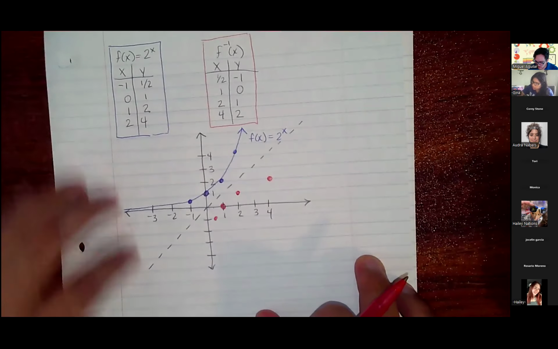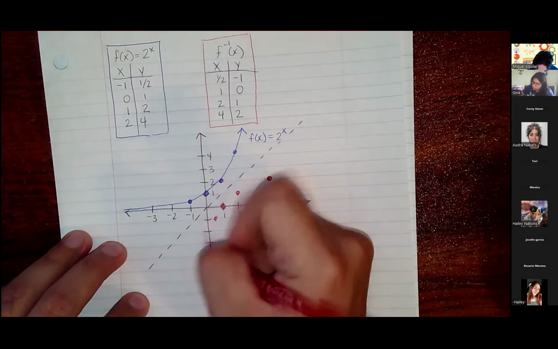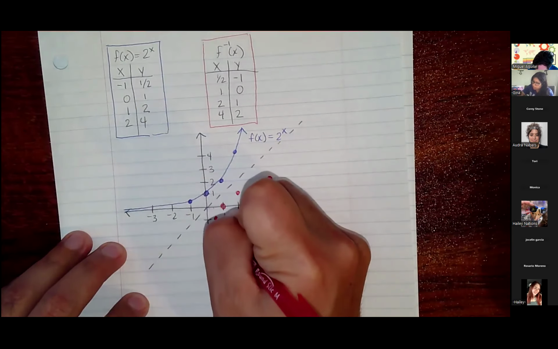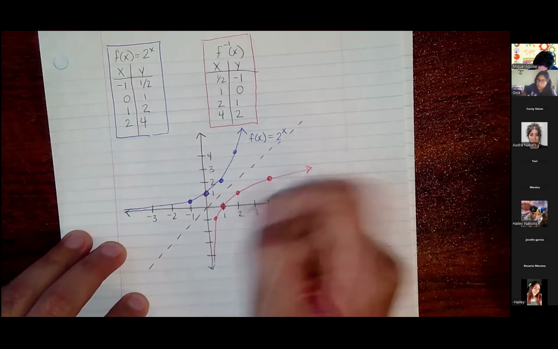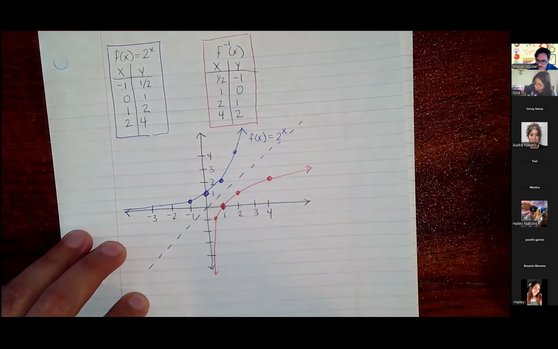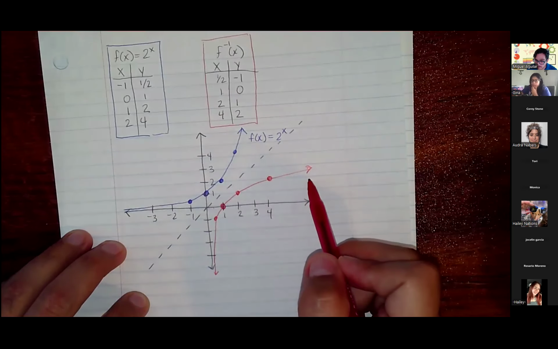So if I were to just fold my paper over that diagonal line, then those points should fall on top of each other. And so we should get a graph that looks something like this when we curve it out and extend it. And this represents our inverse function.